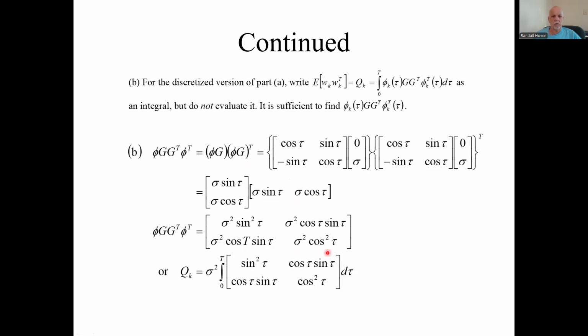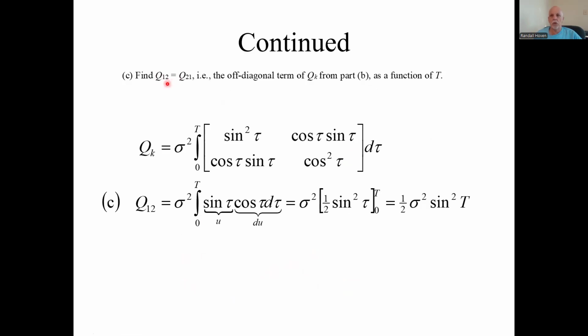So here was a sufficient answer for part B. Or if you put it all together, here would be the integral you'd need to take to find the whole Q. Because this was a timed test, I didn't want to see if they could do integrals so much. I said, just do the off diagonal, and it's a symmetric matrix, so you only need to find one.